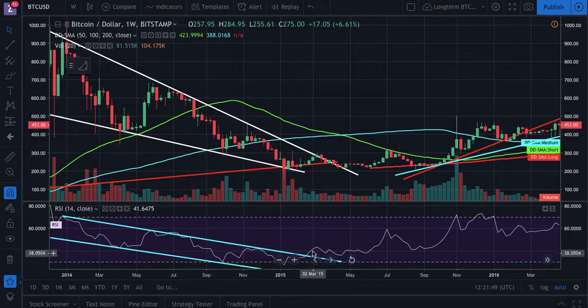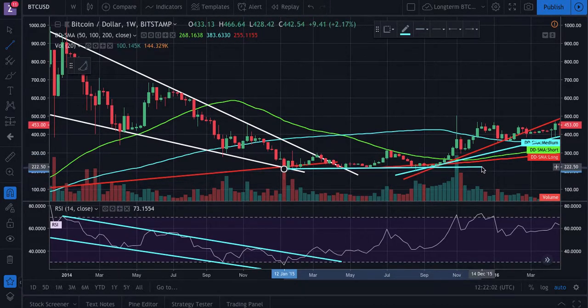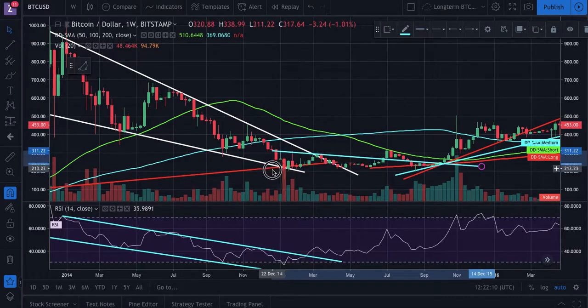So when this trend line gets broken on the RSI, we simply take the line on the support and we start accumulating. We start accumulating here, and this is how we get in around the bottom.